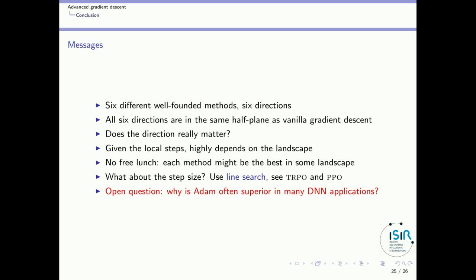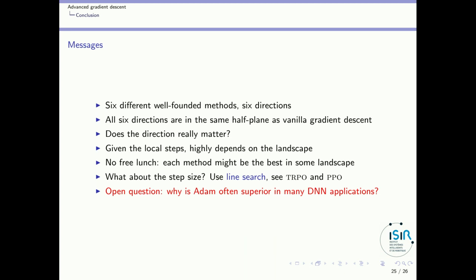About the step size, this also, of course, depends a lot on your cost landscape, because if your cost landscape is very flat, you can take large steps, whereas if it has many hills, then you should be more cautious. So using line search as they do in TRPO and PPO is probably a very good idea, because you can tune your step size depending on your round step.